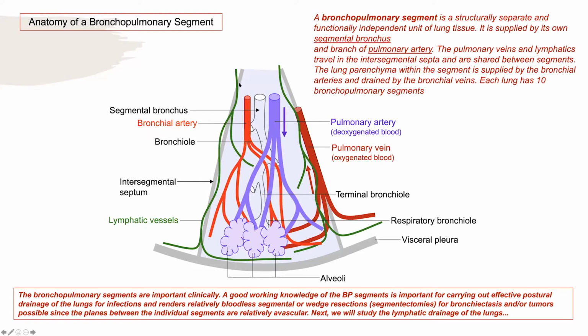Because do you see any blood supply here? The living of this tissue, if this is cut, this part will still be functioning if the bronchial artery is working, because the bronchial artery supplies this lung parenchyma, and the pulmonary stuff is responsible for gaseous exchange. So this is how it is an avascular plane.